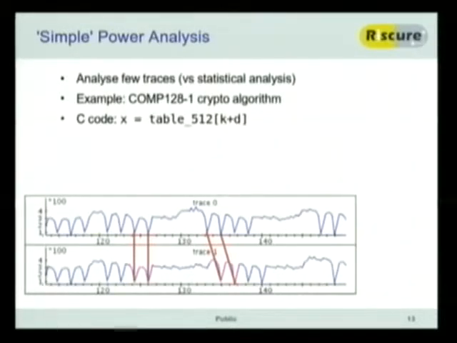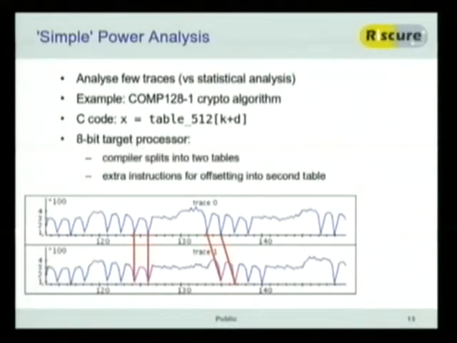But why the hell would a table lookup, which we matched up to this part, be non-constant? It's just a memory indexing. Well, that's because this was run on an 8-bit microprocessor. So effectively, it cannot index into a 512 entry table.